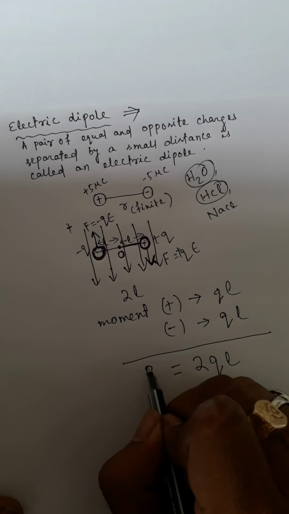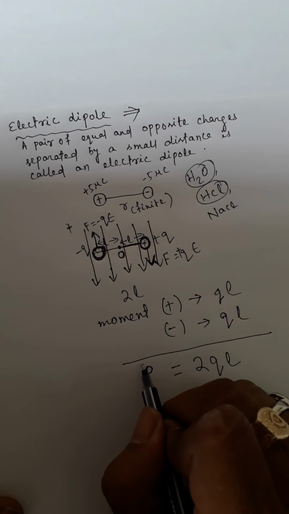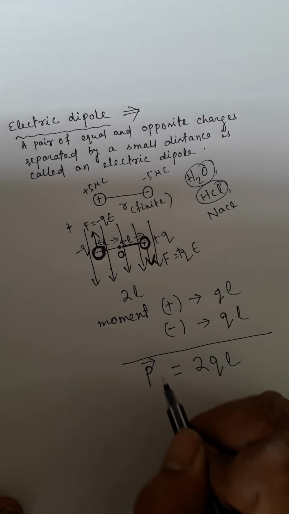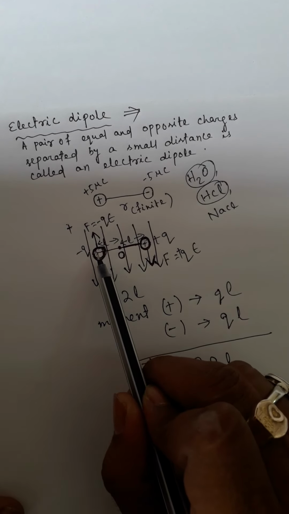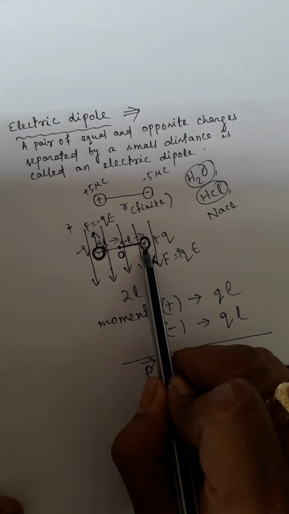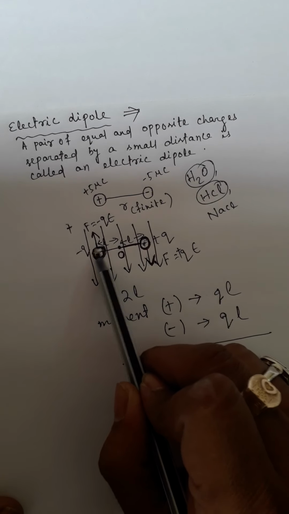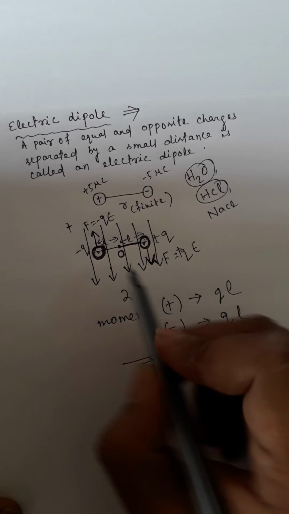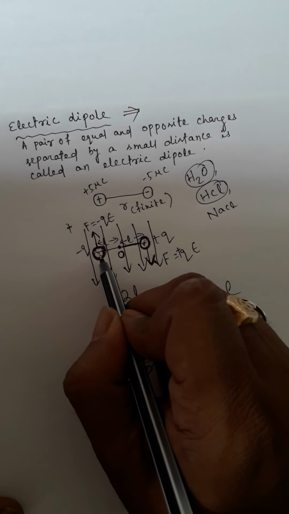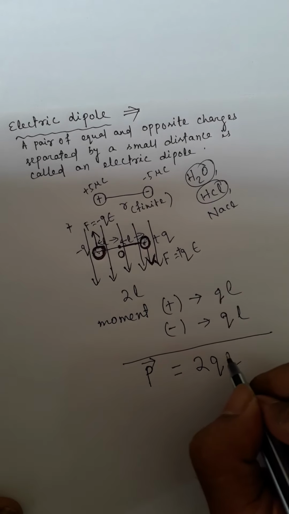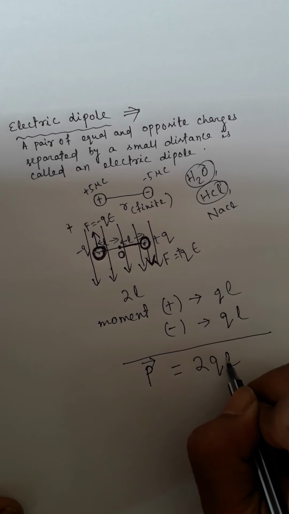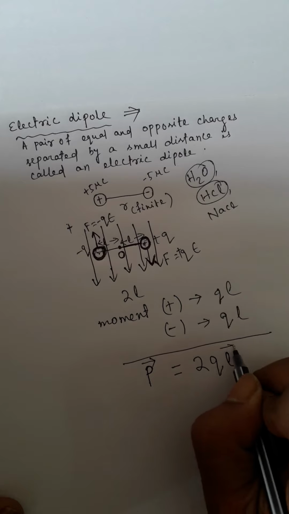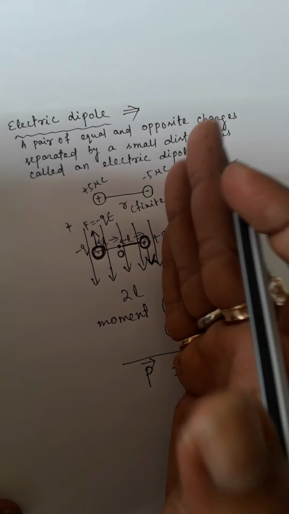And this dipole moment is a vector quantity, P vector, because its direction is always from negative to positive. In physics, it is an assumption that the direction of the dipole is always from negative to positive, and this distance we consider as a displacement from negative to positive.